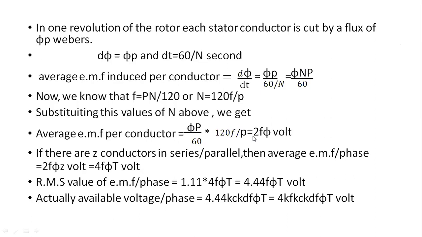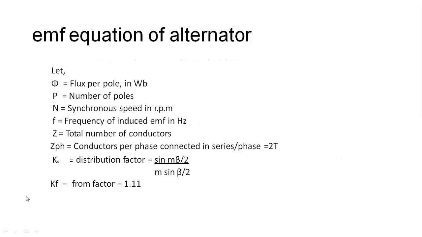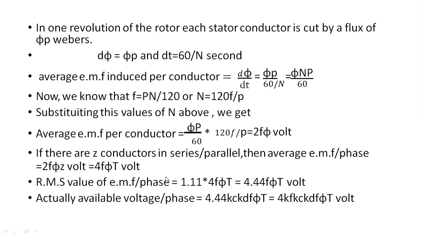If there are Z conductors in series, then the average EMF per phase is 2 f phi Z. We already know Z equals 2T, so it becomes 4 f phi T volts.